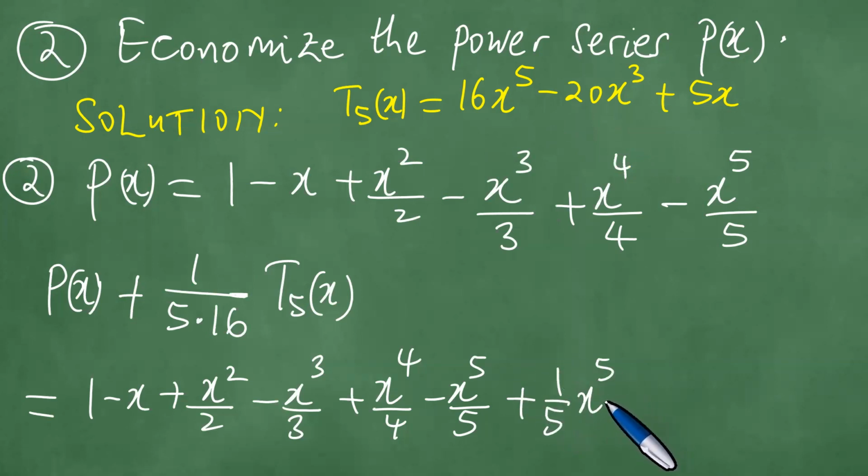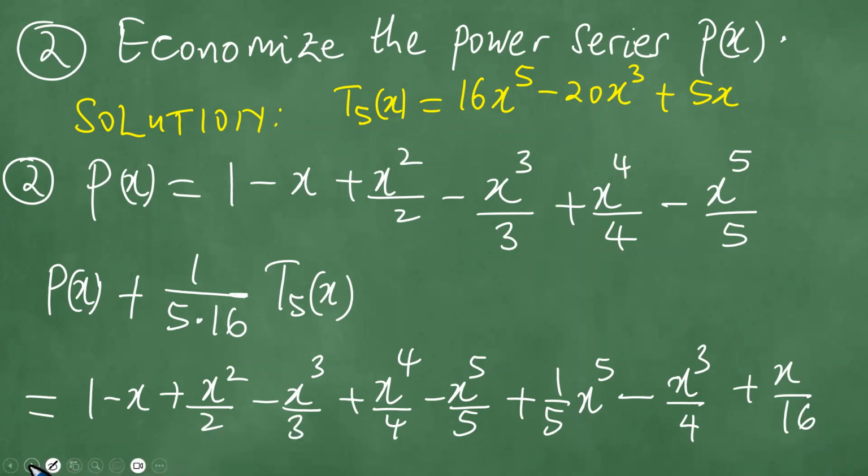But obviously you're adding with this, so it's going to be exactly a minus x cubed out of 4. And then if you multiply this with that, then you have plus x out of 16 there.